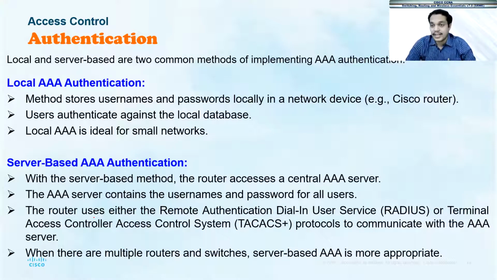The router then uses either RADIUS, Remote Authentication Dial-in User Service, or TACACS Plus, which stands for Terminal Access Controller Access Control System. These are the protocols to communicate with the AAA server. When there are multiple routers and switches, server-based AAA is more appropriate. As I said, for large enterprise networks with a large number of users and network devices, this is the best approach.